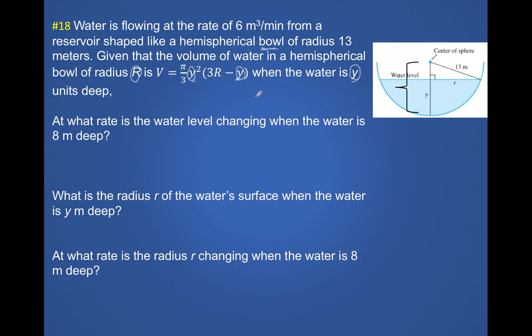So notice this is volume, and I do have y cubed, yes? So it's this thing that's annoying, except, I think again, they're trying to be a little cute here. If the bowl is of radius r, but what did they tell me my bowl has a radius of? Right, so I'm just going to replace that r right away with the 13, because the bowl's radius isn't going to change.